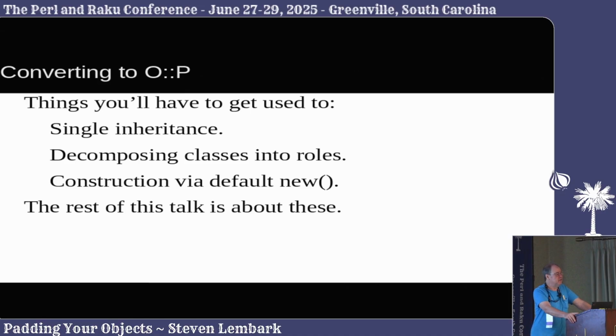Every other mechanism, from Manhattan distances to MRO to everything else, leads to some form of madness. What you can then do, and this supports, is decompose the reusable portions of things into roles instead of separate classes. So instead of multiple inheritance, you've got single inheritance, and you can add behavior with roles at each level.